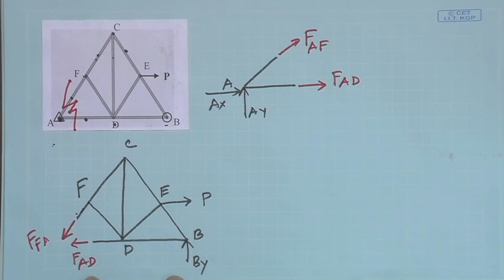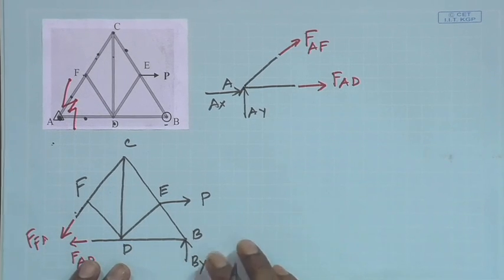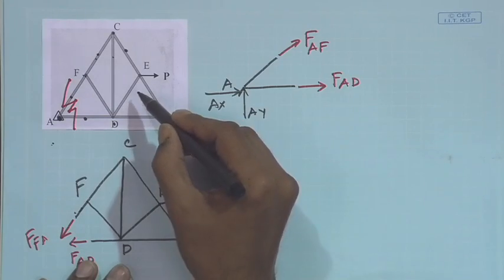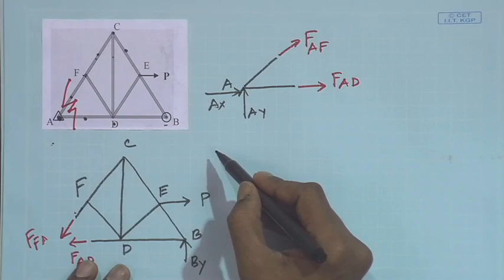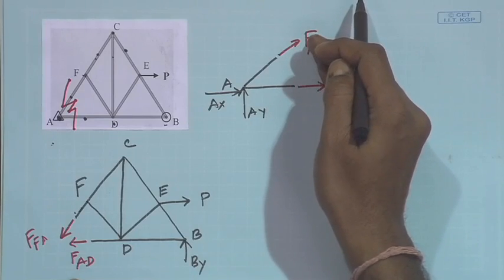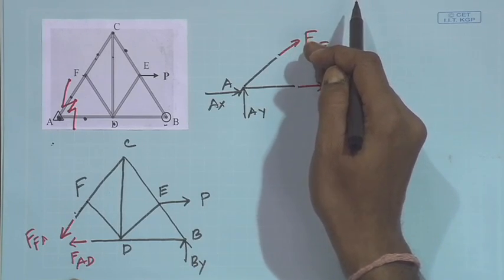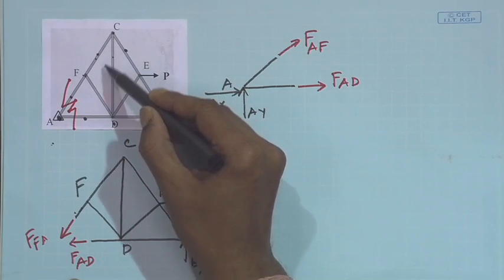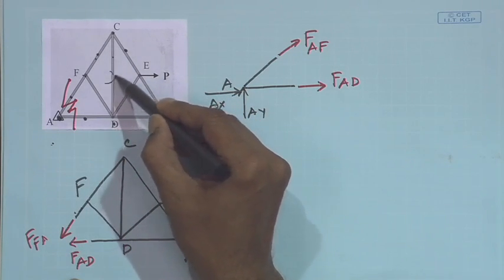Okay. Now, we'll stop here. Next class we'll start with the same problem, and using method of section, as just demonstrated here, finding the member force in CD becomes much easier.